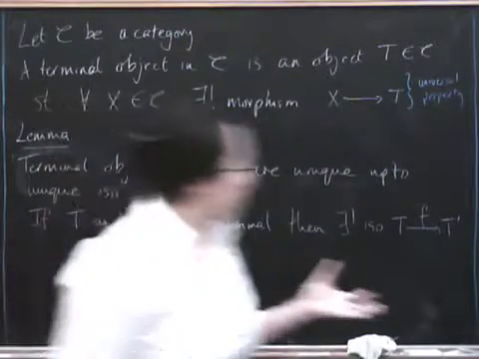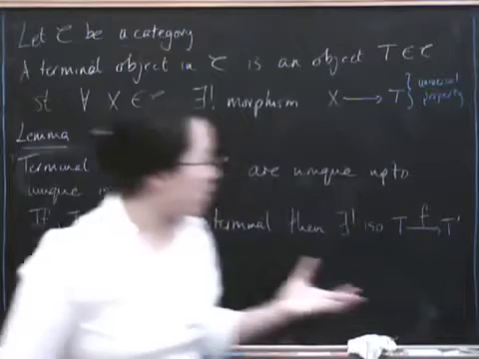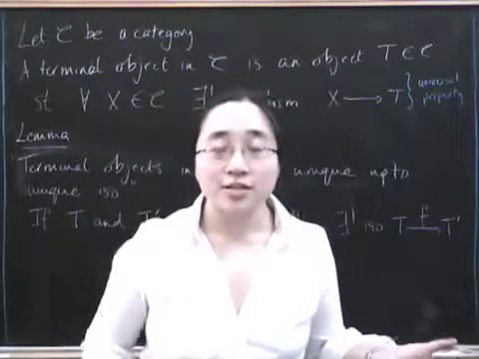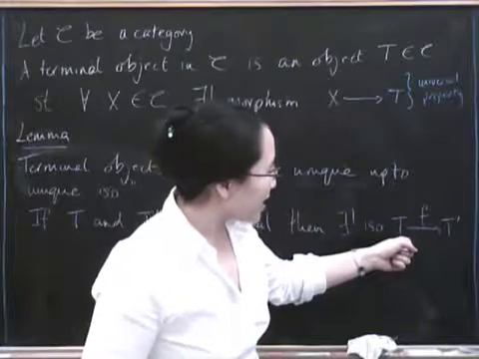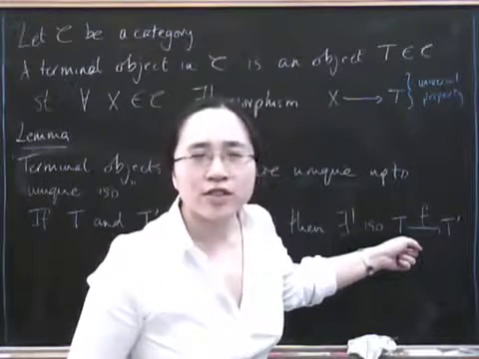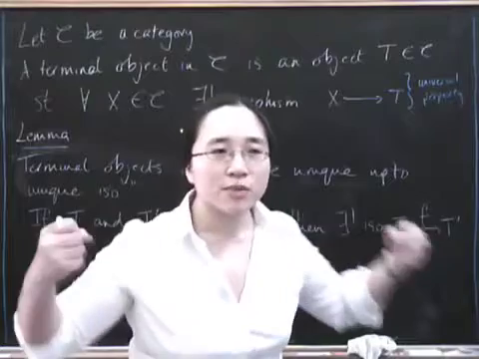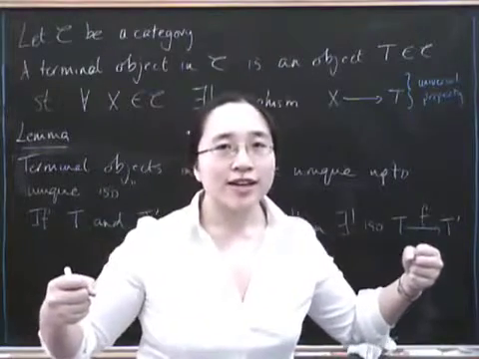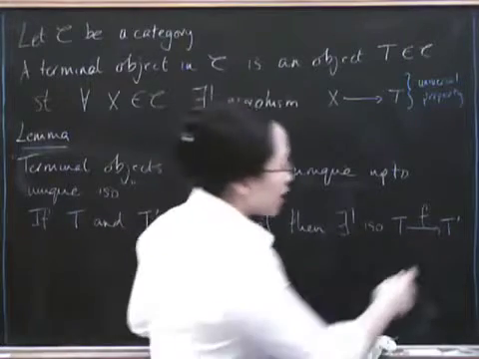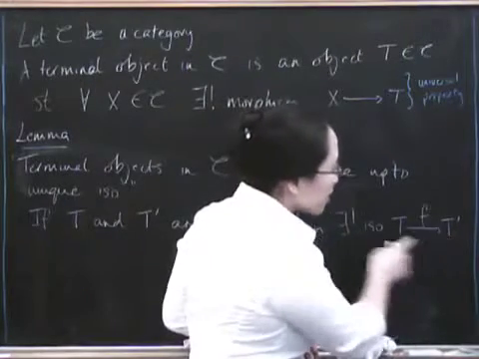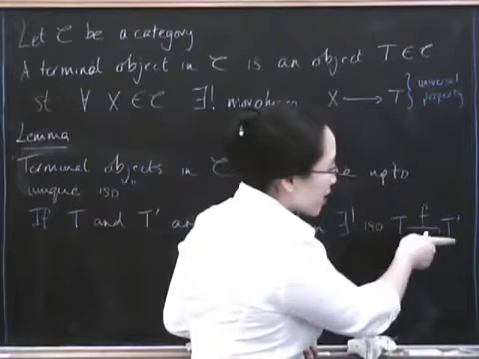And what we do here is we do what John Baez sometimes calls the gunslinging contest. So we say it's about who's the fastest gunslinger. If you have two people who both claim they're the fastest one, then you have a competition between them. So we're going to have a competition between these two terminal objects. And we say, well, this one is terminal, so there's certainly a unique morphism going from this one to that one.